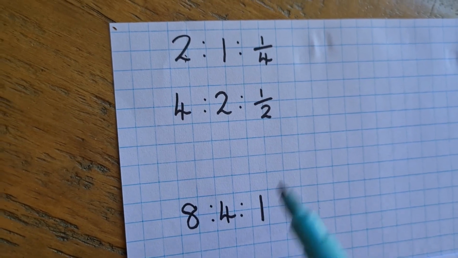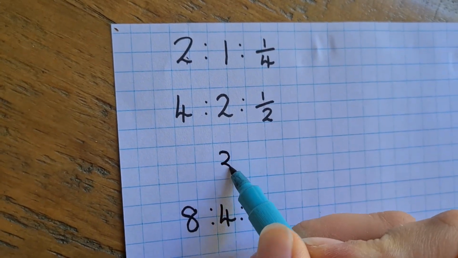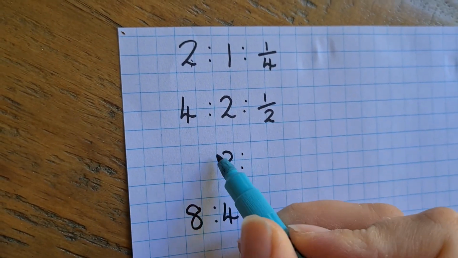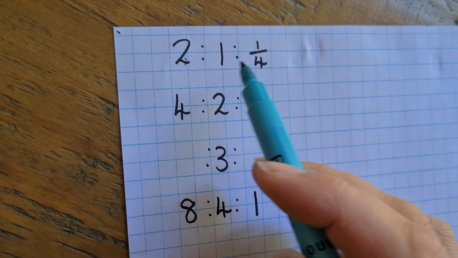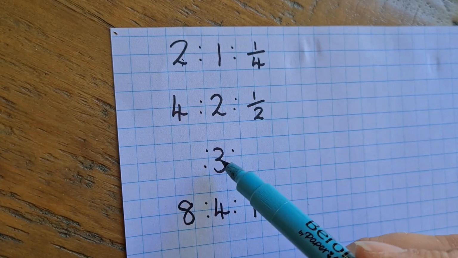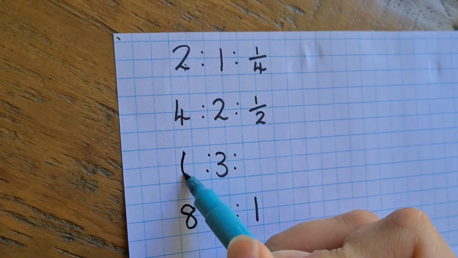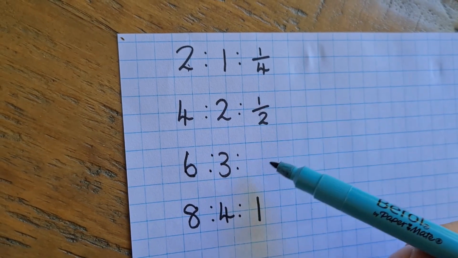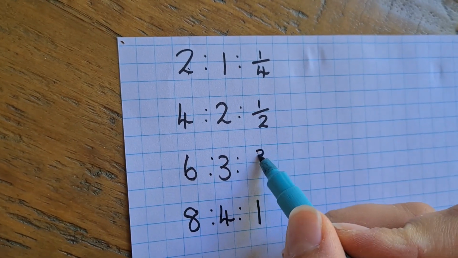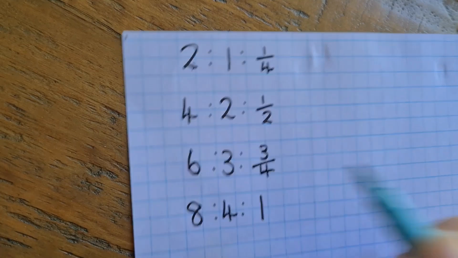For example, if I had 3 eggs, how much flour would I need? 1 to get to the 3, that's 1 times 3. 2 times 3, 6. Quarter times 3, 3/4.